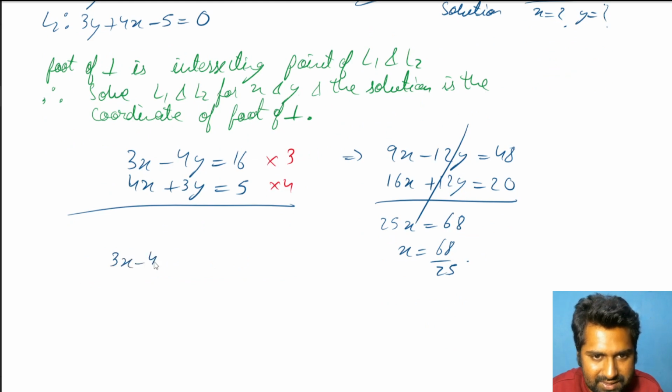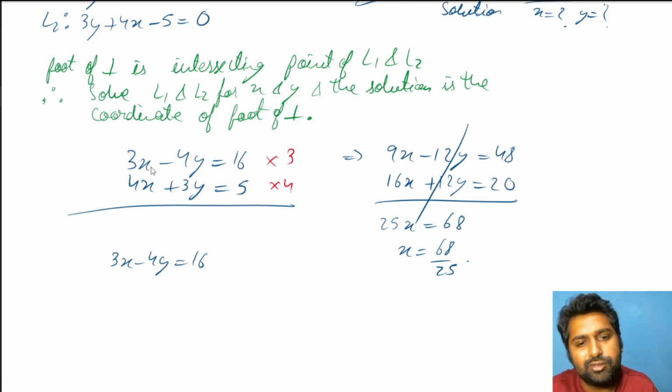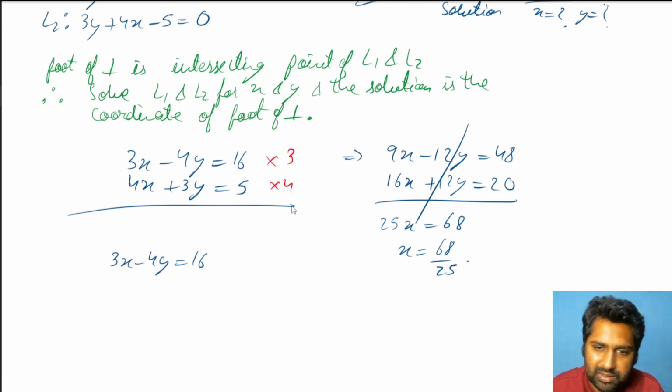Putting the value of x in 3x minus 4y and then solving for y will get you the value, but dealing with this kind of fractional value, I'd better solve it one more time, with 4x plus 3y equals 5. It's your call again. I have the tendency to do it like this.